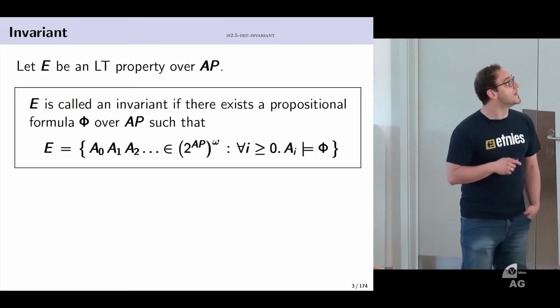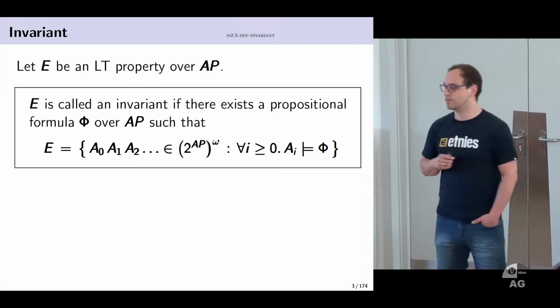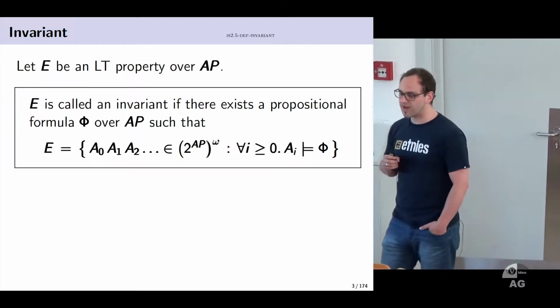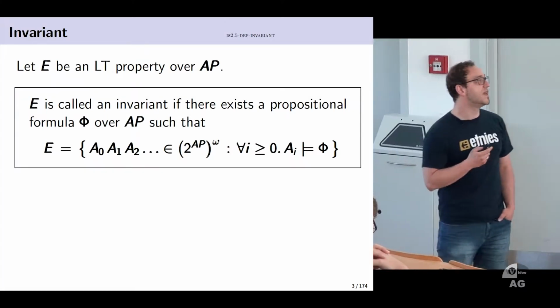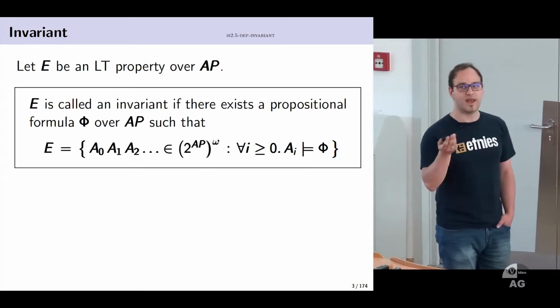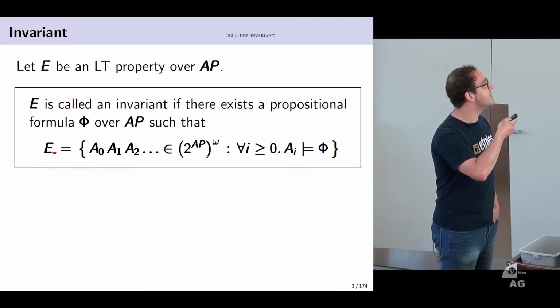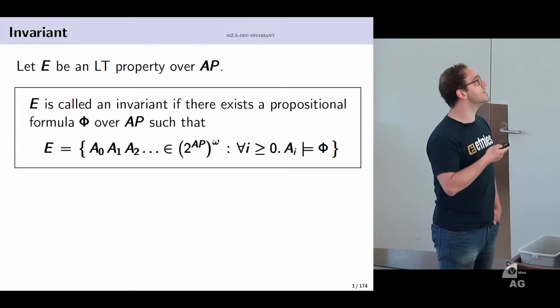Okay, so let's look at invariants again. So invariants, you hopefully recall, are a special kind of linear time properties, namely one that is characterized by a propositional formula. And how does it characterize the invariant? Well, our invariant contains all infinite words.